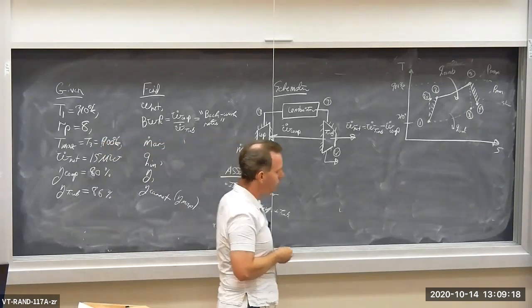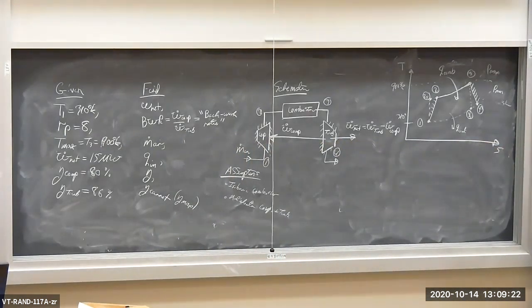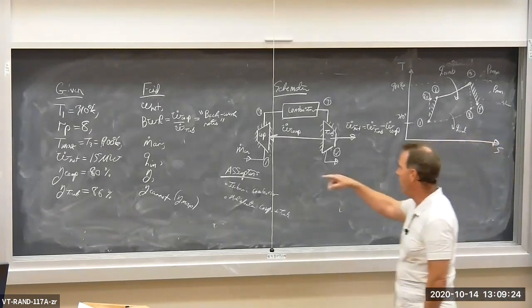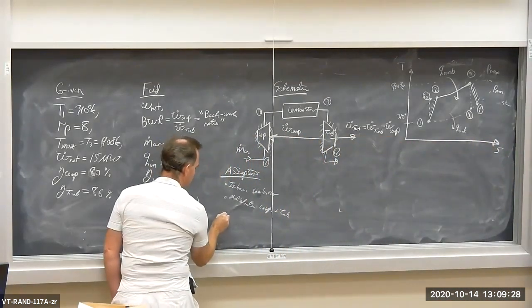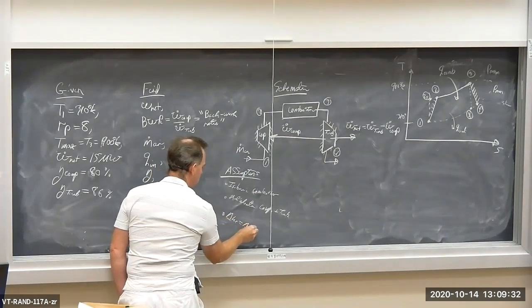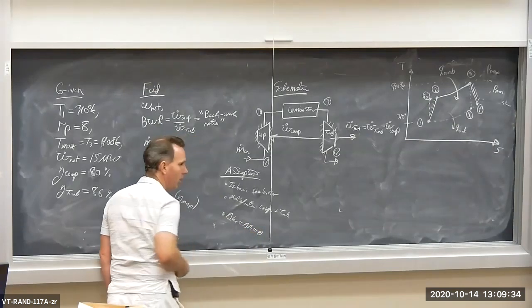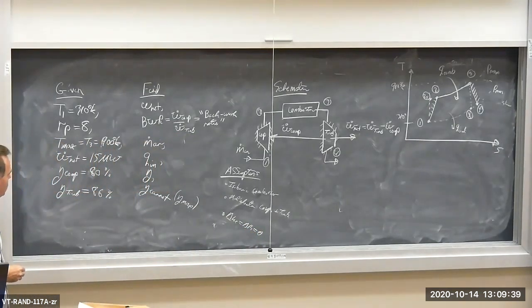And I have no information about kinetic and potential energy of any of the flows in this device. So I'm going to say delta KE equals delta PE equals 0 for every device, and neglect kinetic and potential energy in the energy balance.